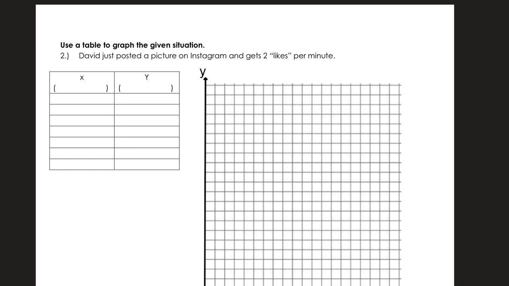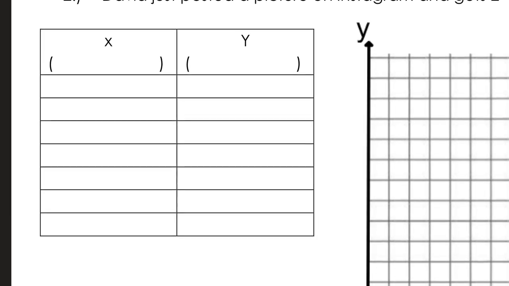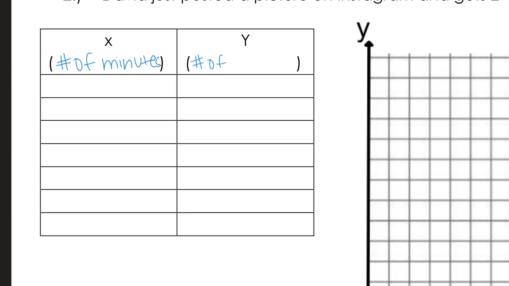So again, our X normally has to do with time. So I'm going to say number of minutes for our X value. And for Y, we are going to say number of likes.